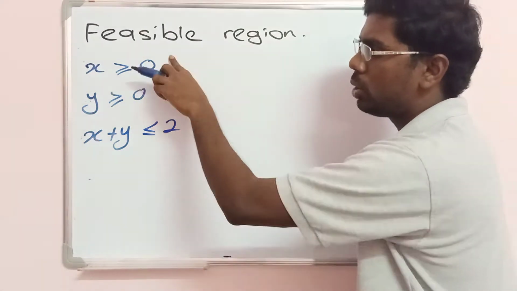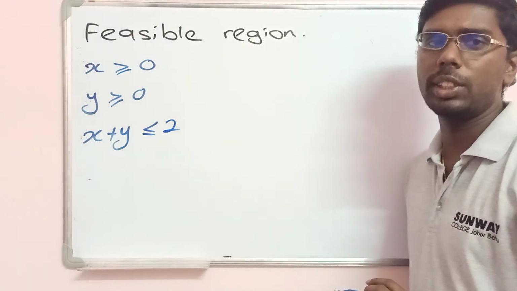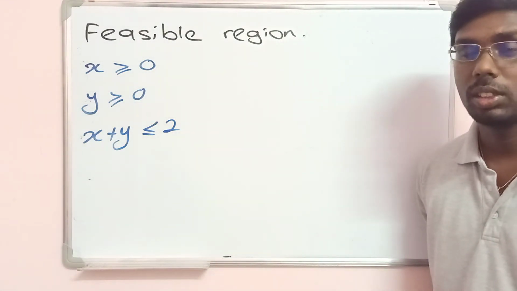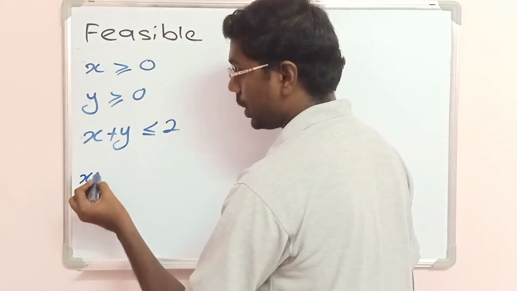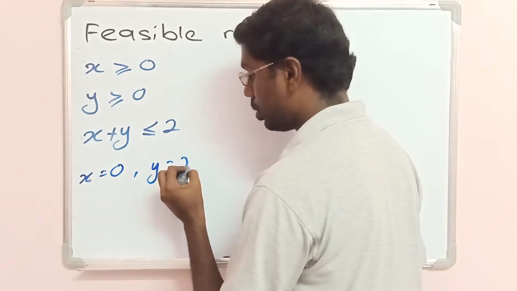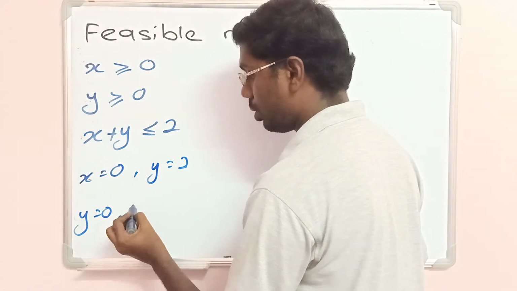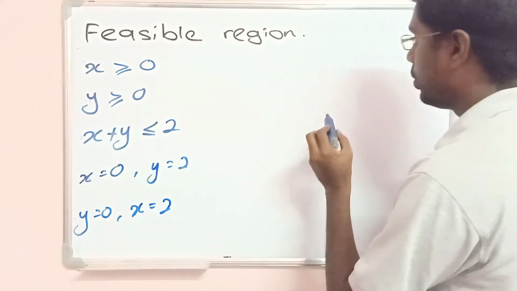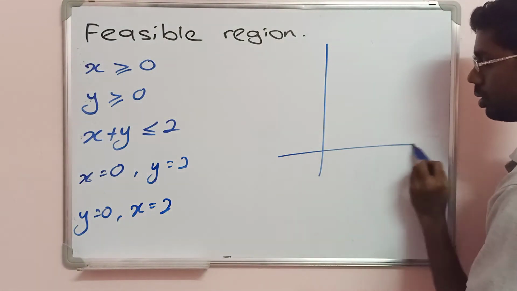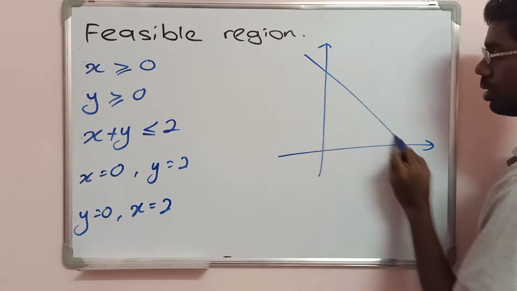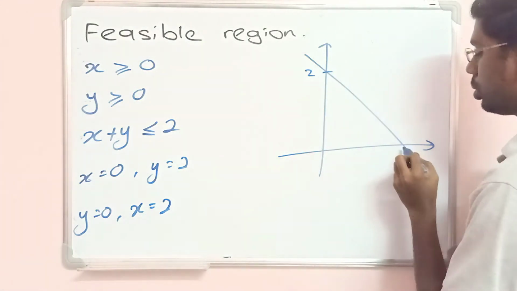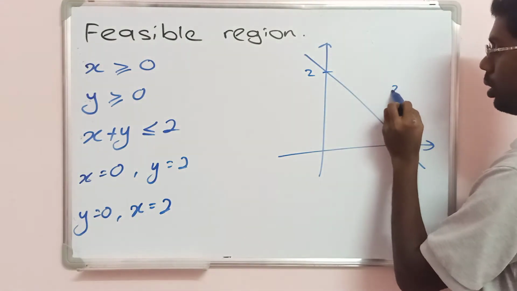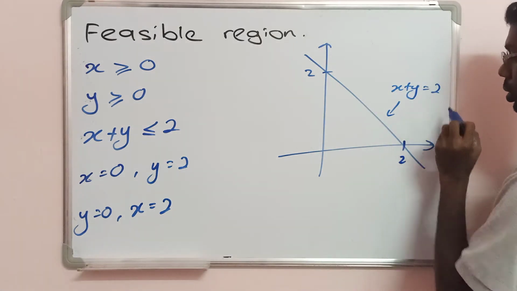For the first two we don't need to draw any graph because they are already the axes. For this one, when x equals 0, y equals 2, and when y equals 0, x equals 2. So we can draw, since it has the equal symbol, a straight line through 2 and 2, so x plus y equal to 2.